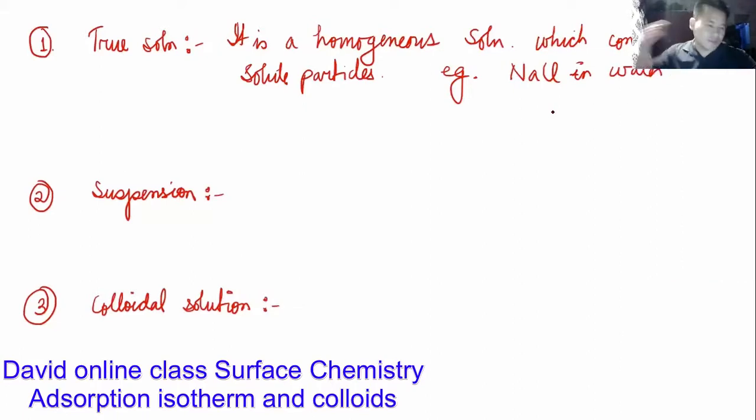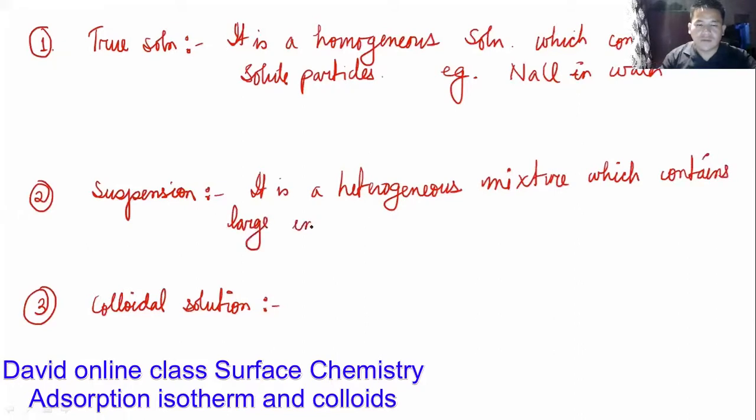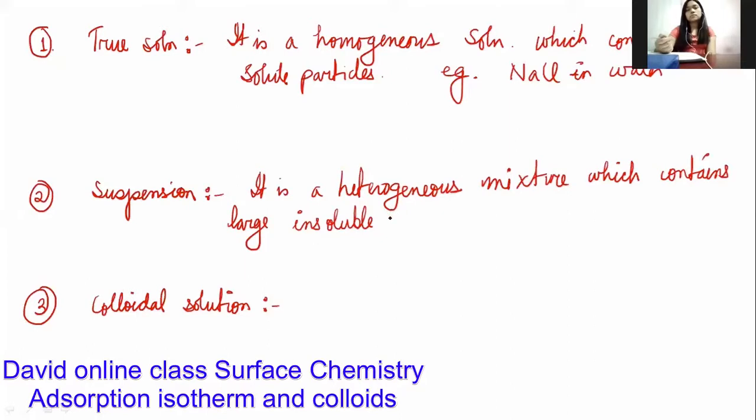Then another example is suspension. Suspension is a heterogeneous system, without uniformity. Suspension is a heterogeneous mixture which contains large insoluble particles.